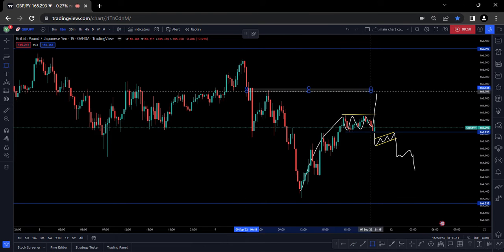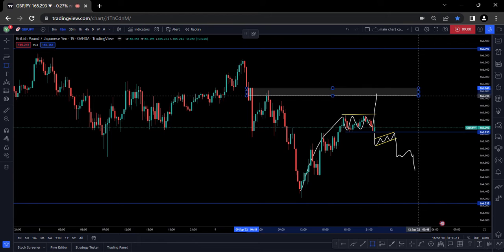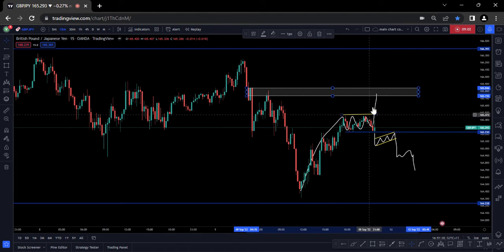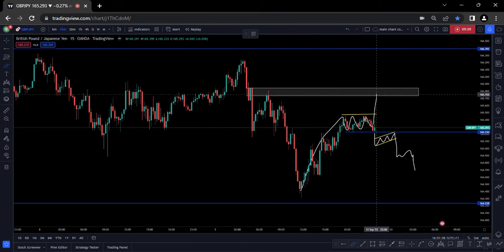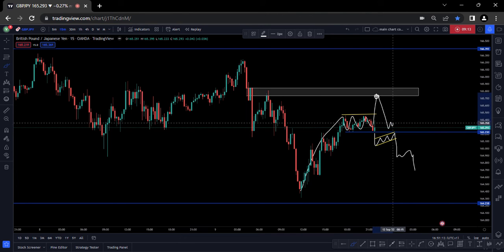I come to this area, and if we see any type of rejection around this area, then we'll be taking a risk entry around that area, taking a risk entry for the downside.